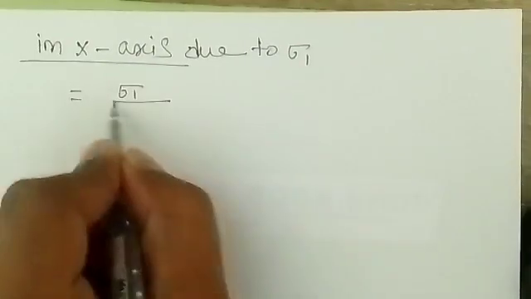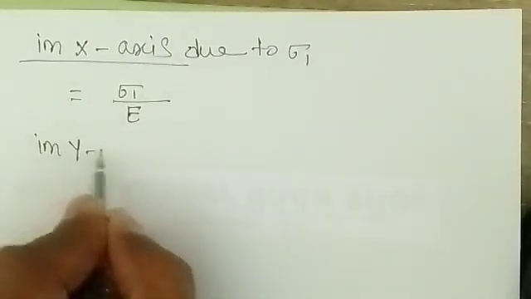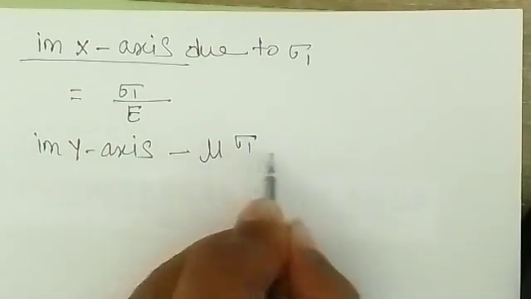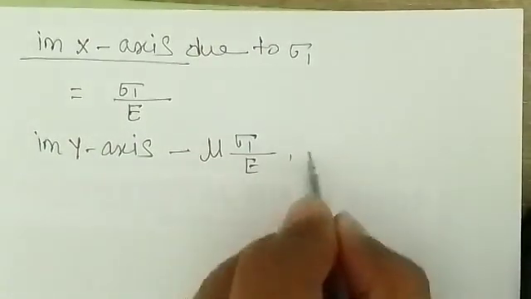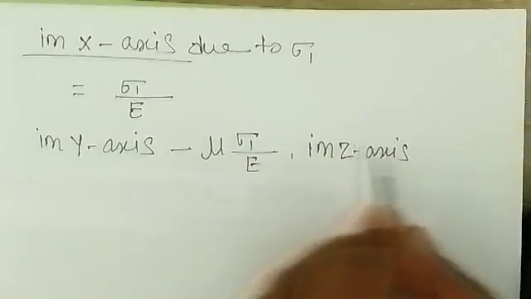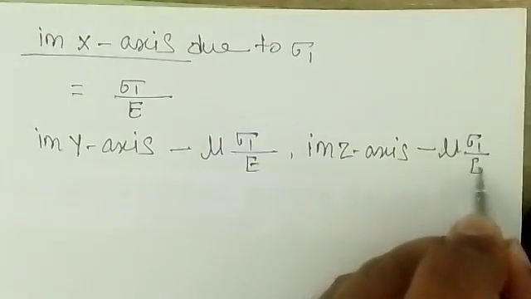Longitudinal, which is sigma 1 by E. In y axis it is minus mu times of sigma 1 by E, right? And in z axis it is also minus mu times of sigma 1 by E.